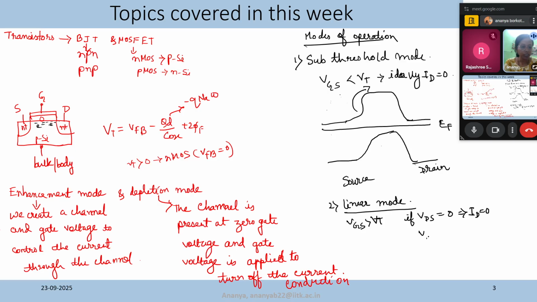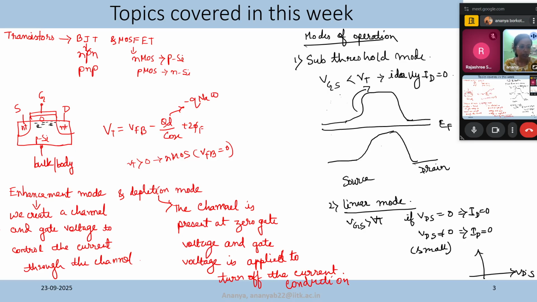But if VDS is not equal to 0, and if VDS is small, then we get some current. We know the expression, we have learned it in the course, and I will discuss it again. This current increases linearly with VDS, which is why this mode is known as the linear region.